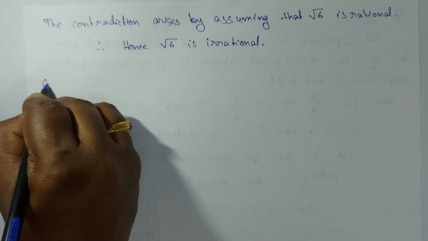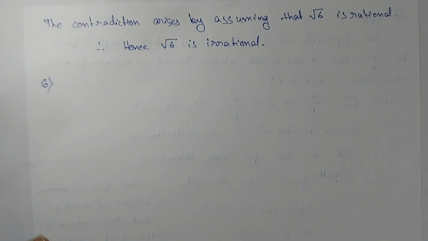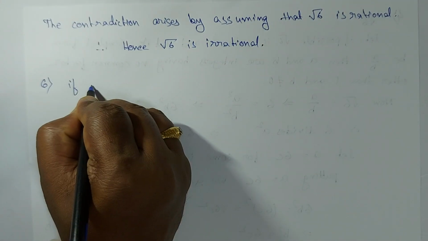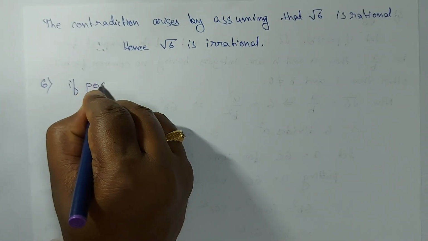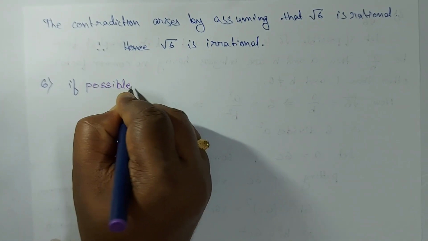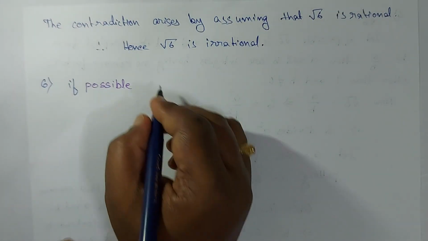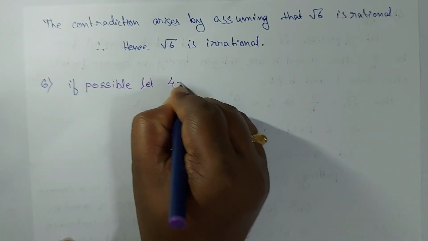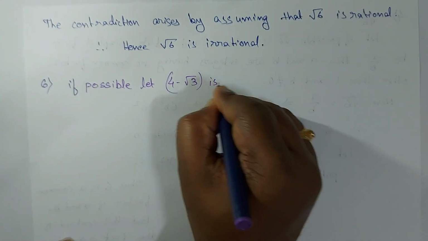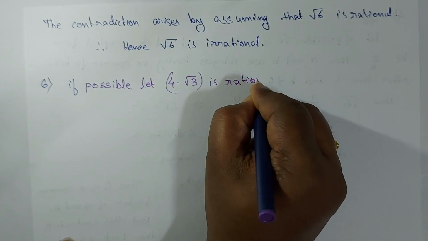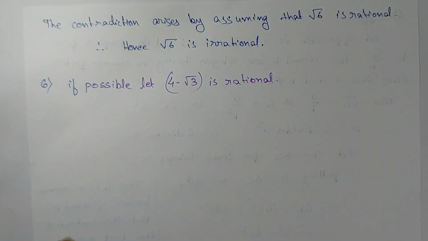Next, question number 6. Prove that 4 minus root 3 is an irrational number. Like previously, we will write: if possible, let 4 minus root 3 be rational.